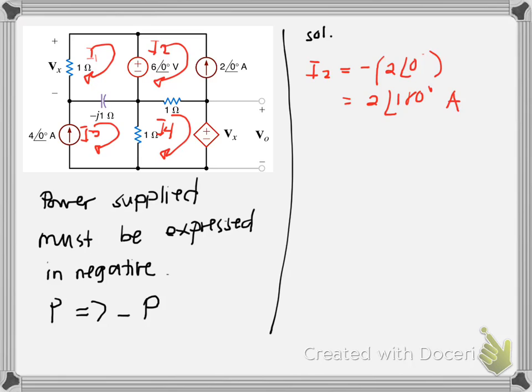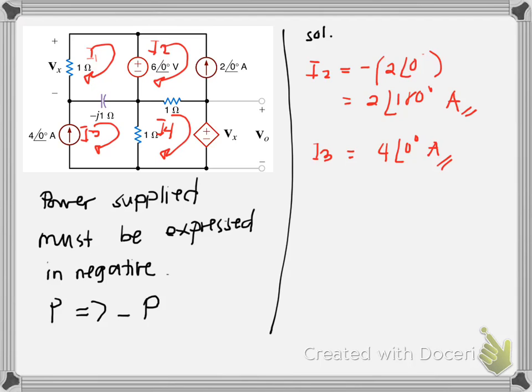And we have here I3 also, which is equal to 4 angle 0 amperes.